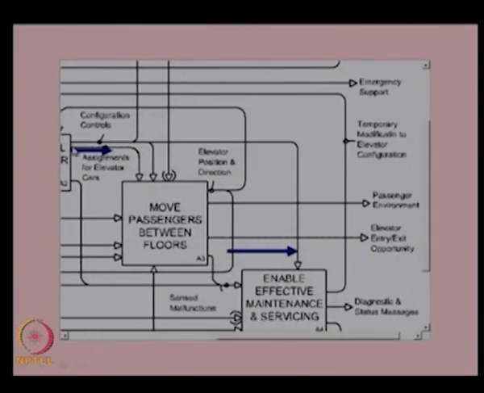So we are tracing that input, the request for entry exit or the elevator service, which is processed in these functions and comes out as the output of elevator entry exit opportunity.